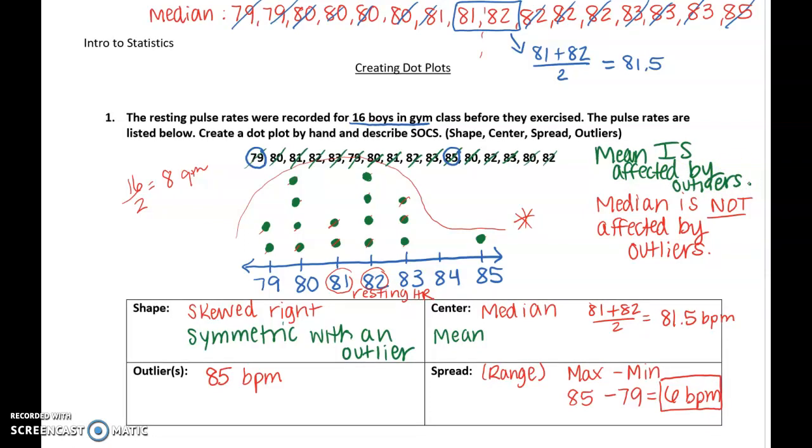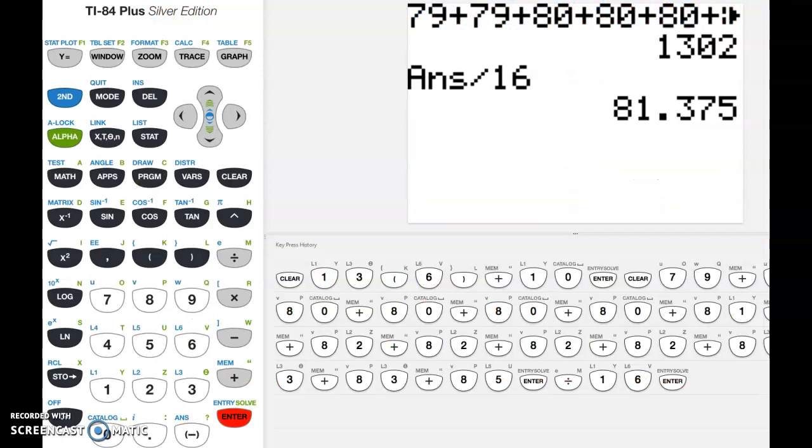Once we find the mean, you have to add up all these numbers and then divide by the number of numbers. So that would be 79 plus 79 plus 80, all the way up, and divide that by 16. If you have your graphing calculator on your Chromebook, or you have one, you're really going to need it for this class.